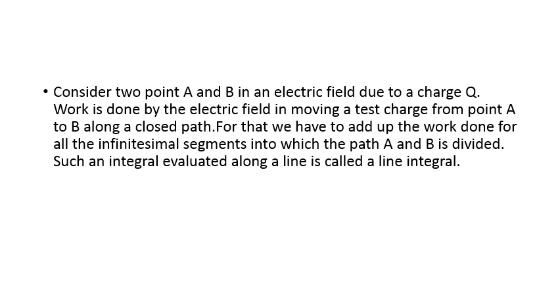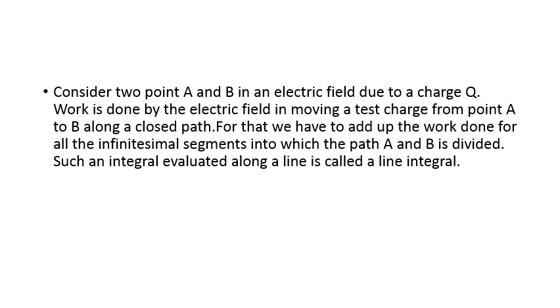Consider two points A and B in the electric field due to charge Q. Suppose you are moving a test charge from point A to B in the field of charge Q. We have to calculate work, and suppose you are using infinitesimal changes, meaning small changes, then you can use the integral form of this.